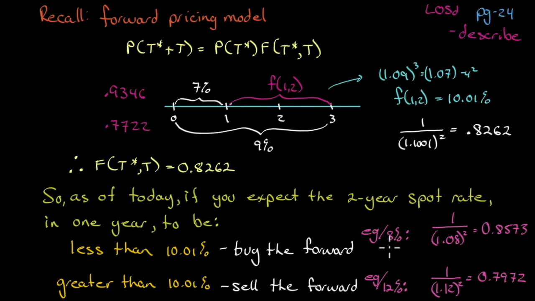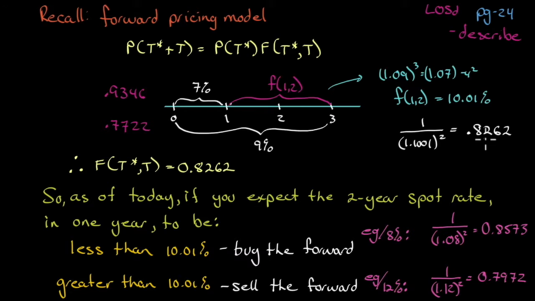So let's say that we expect it to be 8% instead. To prove that we would buy the forward, let's say that we expect in a year, the 2-year spot will be 8%, not 10.1%. Well, here's the price of the forward at that time, which would be the price of the 0 in the market, 0.8573.